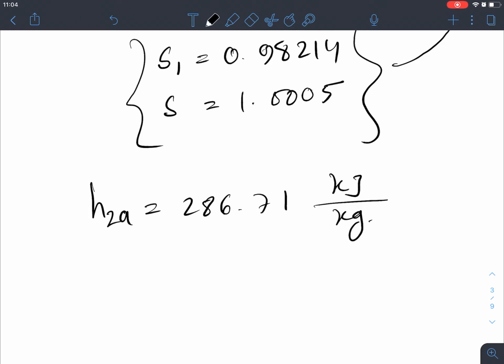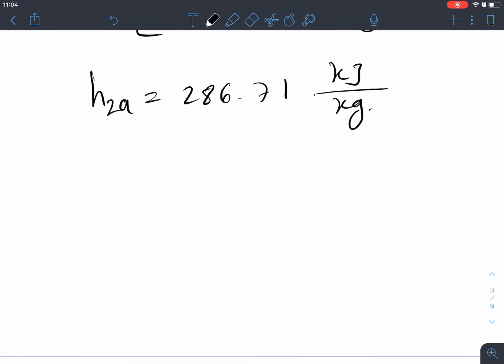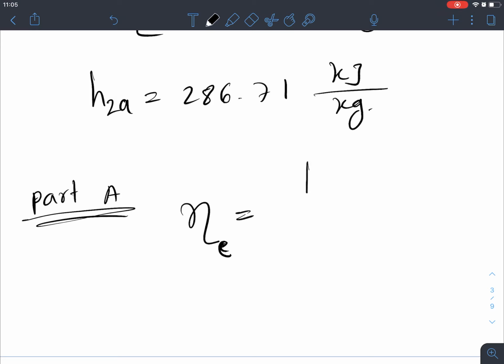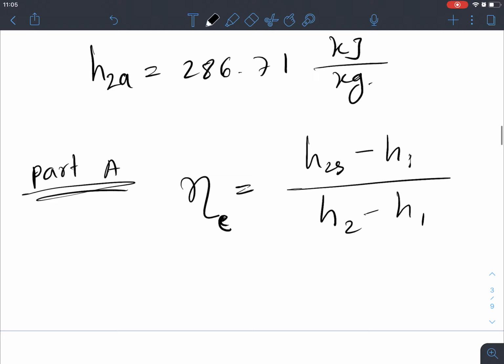So now we know H2a and H2s. Part A is telling us to find the isentropic efficiency of the compressor. We know the formula: efficiency equals H2s minus H1 divided by H2a minus H1.